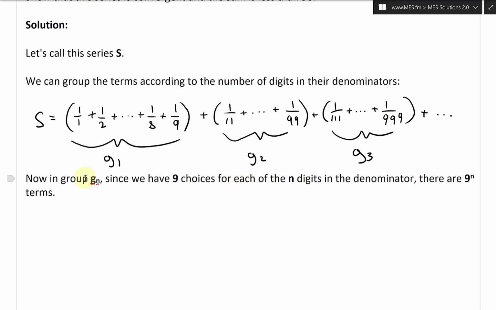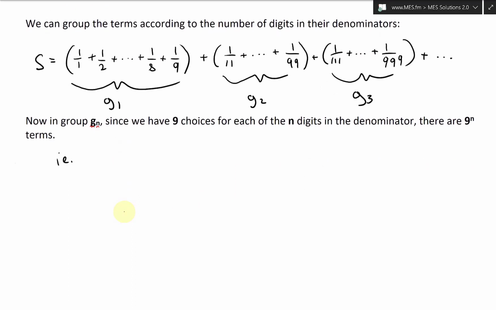Alright, so now let's continue further. Now let's count out the number of terms. In group Gn, since we have 9 choices for each of the n digits, for example, this 111, each of these digits could be 9 different choices, in the denominator there are then 9 to the n terms. For example, G1 has 9 to the 1, which equals 9 terms.